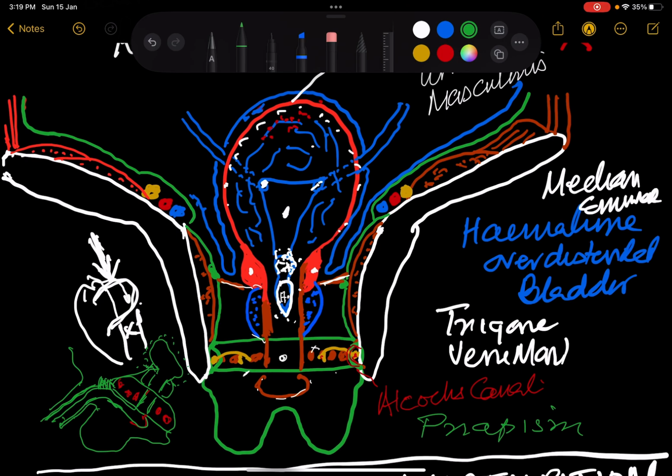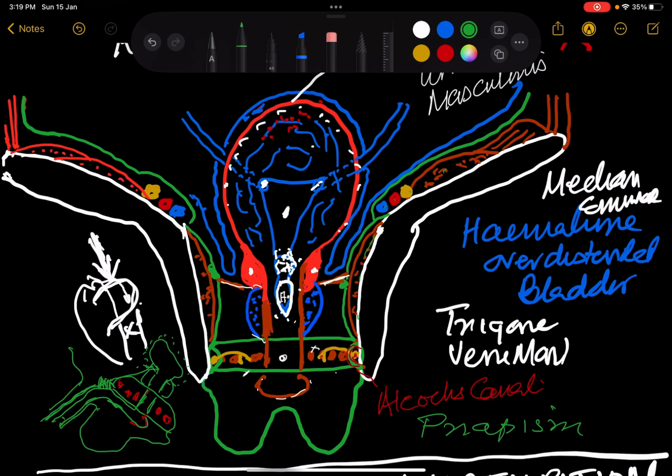So this is the applied anatomy of the bladder and how it functions. Here is the levator ani muscle. This is the obturator internus. Then in the false pelvis, you have the femoral vein, artery, and nerve.